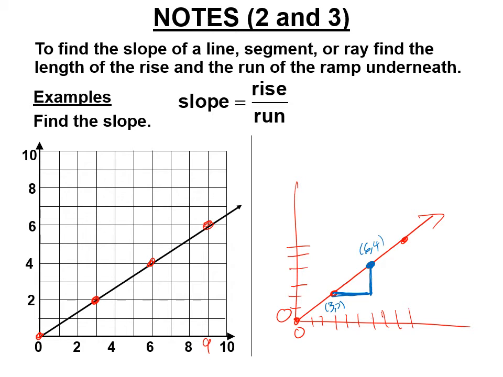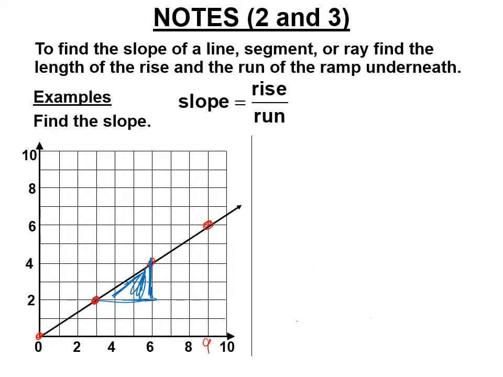I'm going to go over to my picture now so you can see it better here, but you should have a ramp right here, right? And so I'm going to erase this other one because I'm going to need that space in a second. And so my rise is 2, and my run is 3 for this ramp.